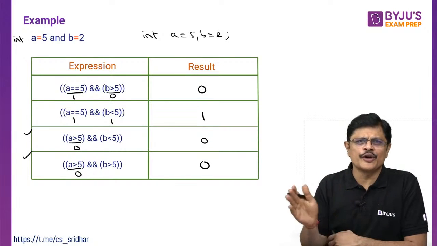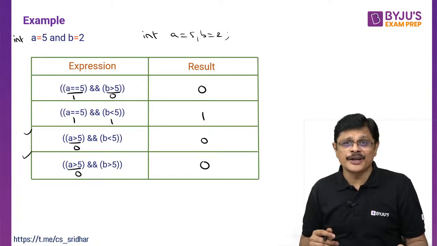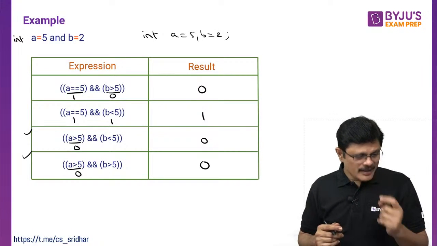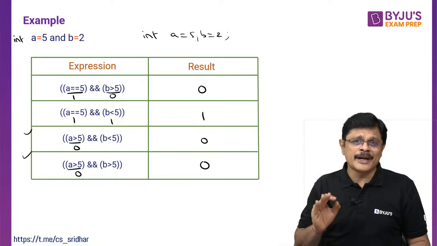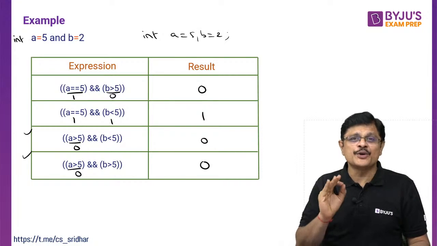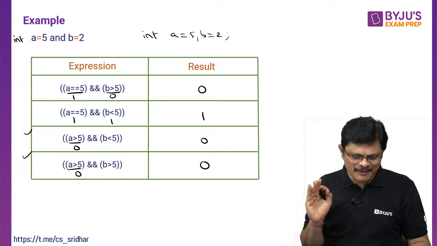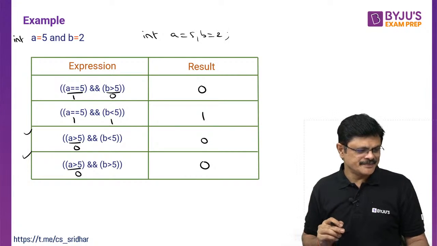If the first fellow is 0, you don't have to verify the second expression, the answer is automatically 0. Short circuiting will happen. Relational and logical operators give you the answers 0 and 1 only, no other values. Please remember, they return 0 and 1.